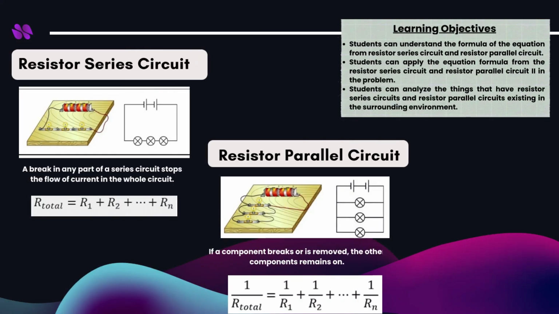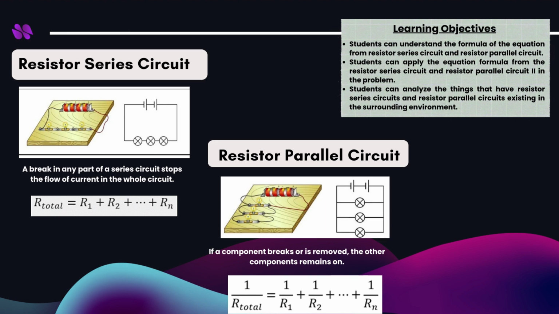And the next topic is about resistor series circuit and resistor parallel circuit. The learning objectives of this material are: first, students can understand the formula of the equations from resistor series circuit and resistor parallel circuit. Second, students can apply the equations in problems.